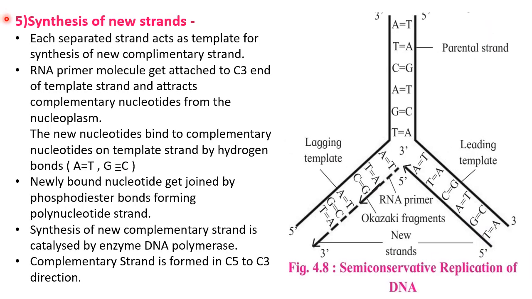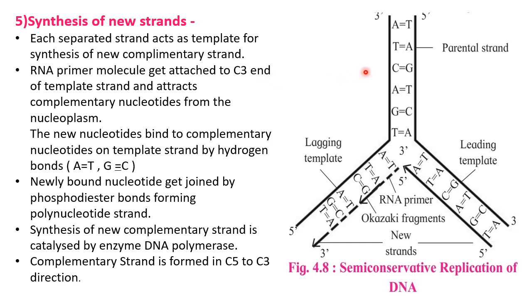Now, after the formation of the replicating fork, synthesis of new strands occurs. Each separated strand, after unwinding, acts as a template for the synthesis of a new complementary strand.